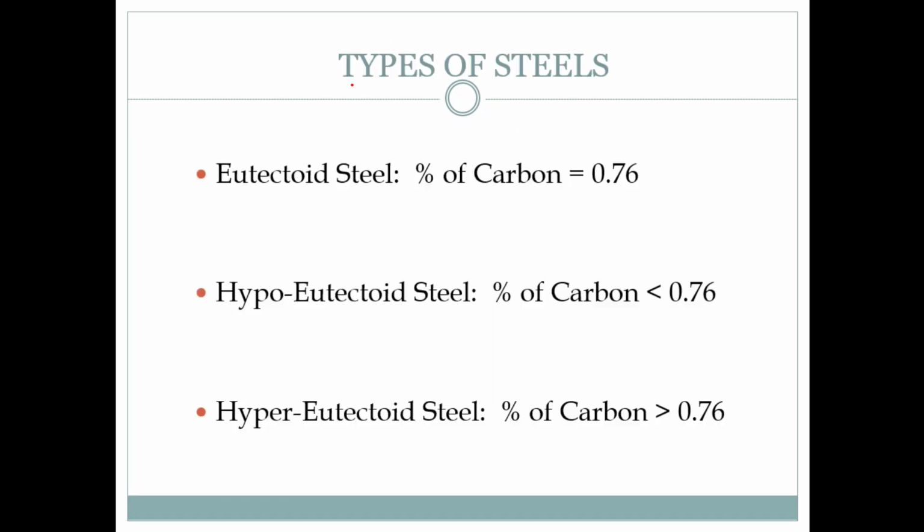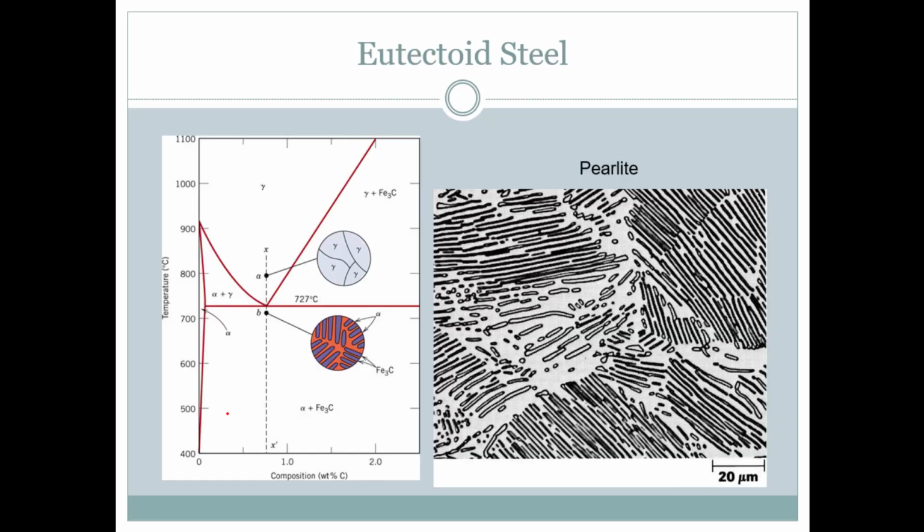So, types of steel in terms of percent of carbon: if we have exactly 0.76, then we have eutectoid steel. If the percentage of carbon is less than 0.76, then we have hypoeutectoid steel. If the percentage of carbon is greater than 0.76, then we have hypereutectoid steel.